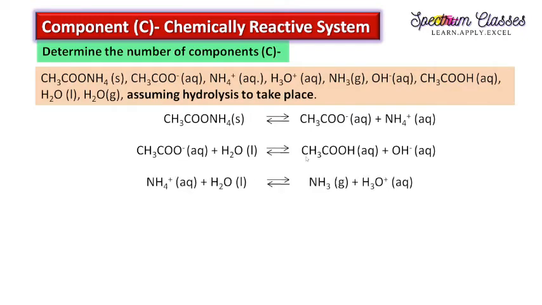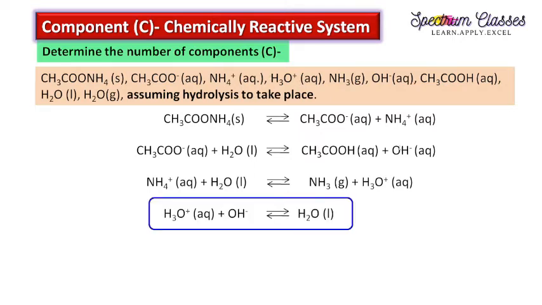In the next equation, the NH4 plus formed in the first equilibrium reacts with water to form NH3 gas plus H3O plus aqueous, which is also one of the species given here. H3O plus is also one of the species. Here OH minus and H3O plus are formed, and these two on reaction will form H2O.